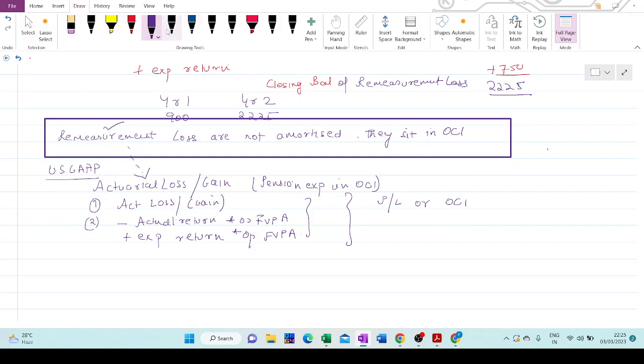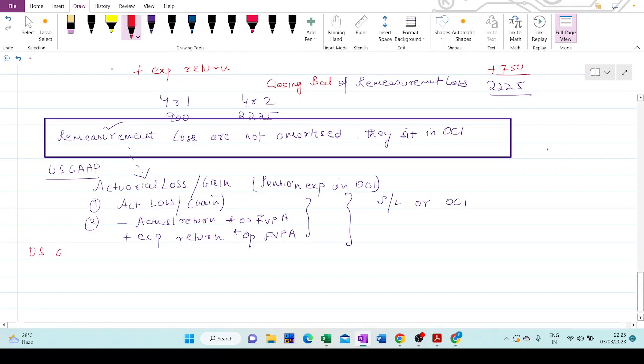So please write this down. This is an important point. These expenses, okay, US GAAP. Likho guys, please write. I won't write. You write. US GAAP gives you an option to report these three pension expenses in PNL or OCI.